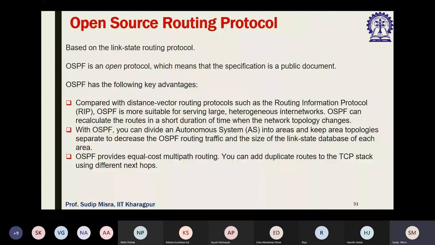Another thing is that the OSPF protocol uses something called auto path decision. That means that on the fly the routes are going to get updated, which is why it is also called a dynamic routing protocol.